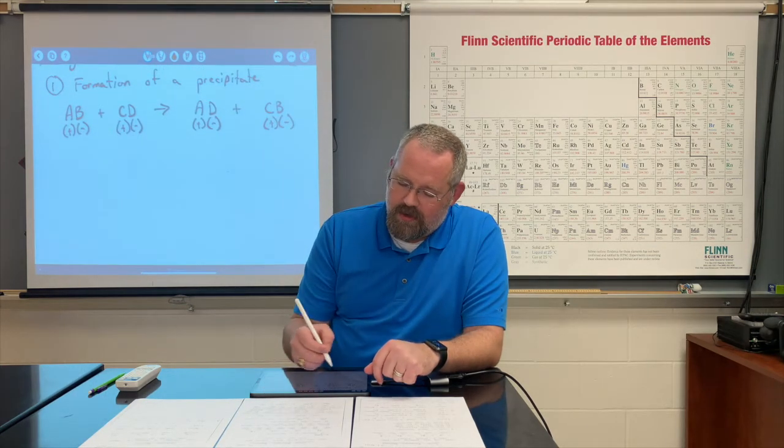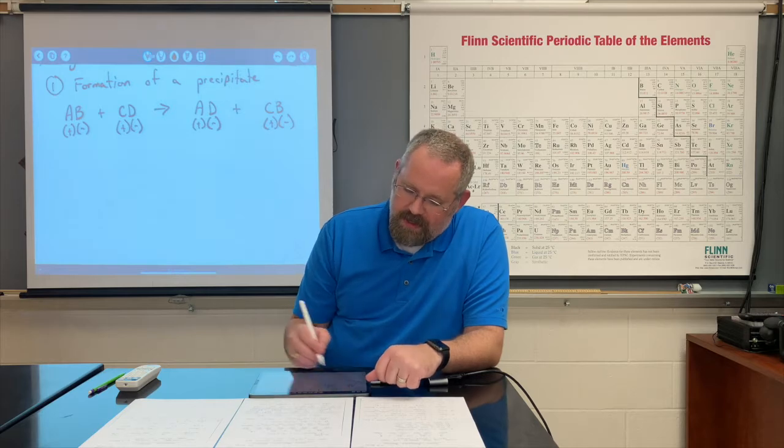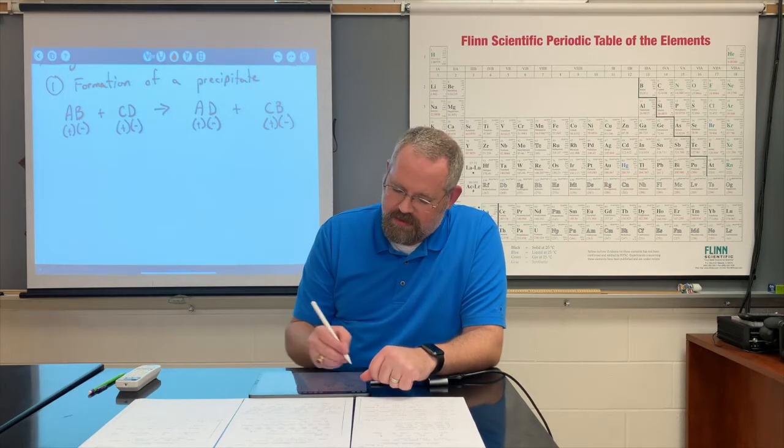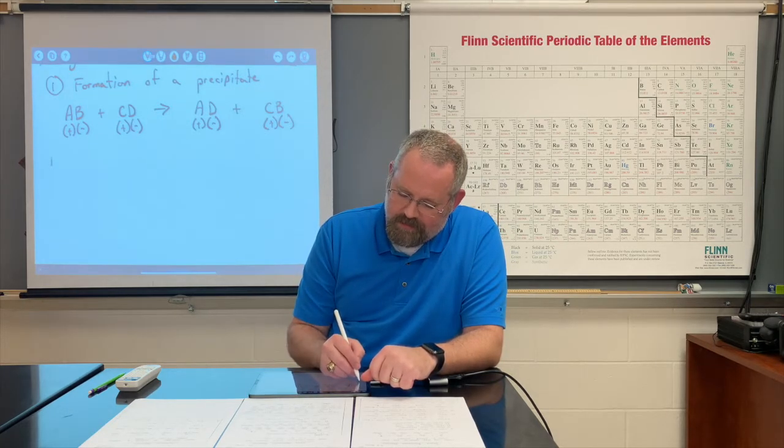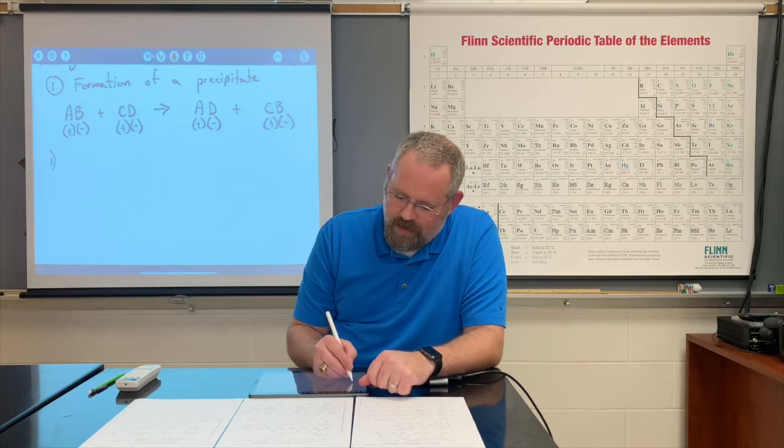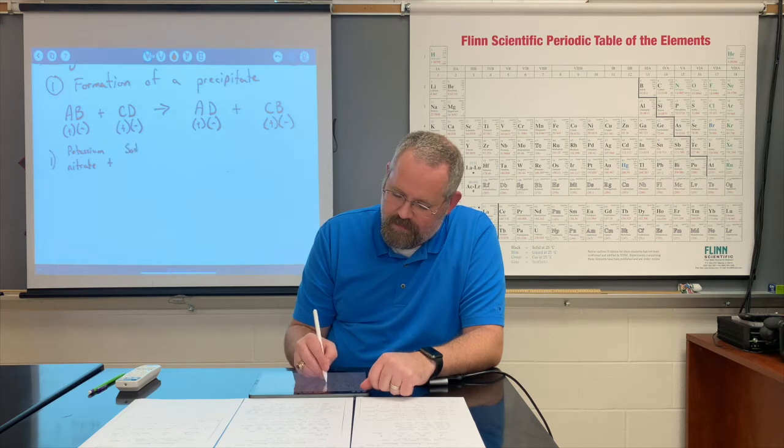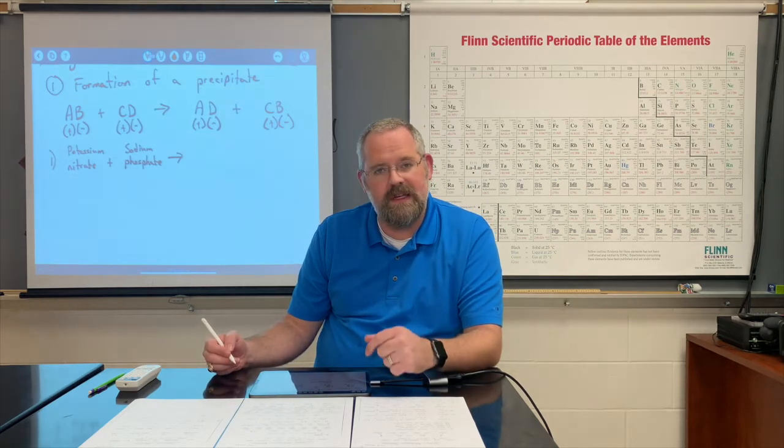Okay, so the best way to express this is, let's just go ahead and give a quick example. Let's show potassium nitrate plus sodium phosphate. So I've got two compounds here, an AB and a CD.